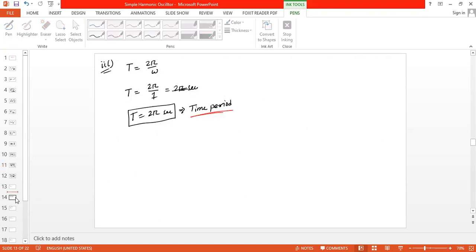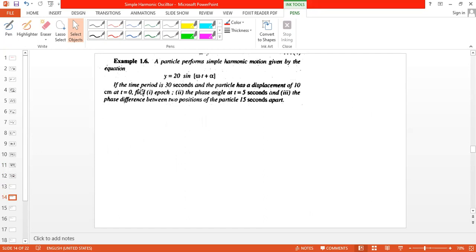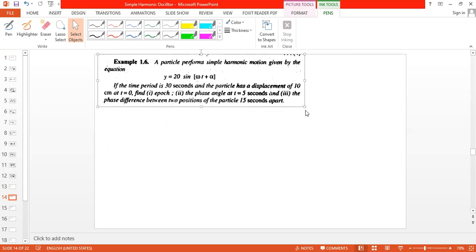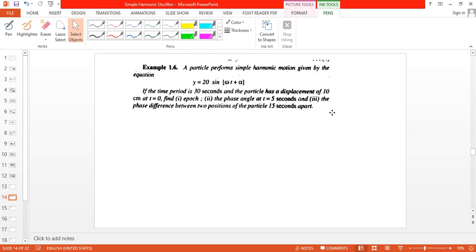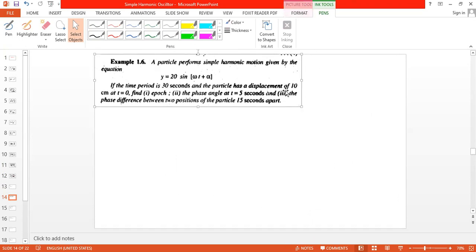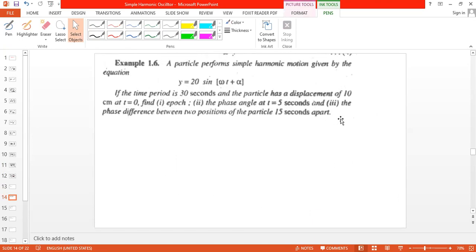Okay. Let's try a new math. In this math, it is saying that a particle performing simple harmonic motion is given by this equation: y equal to 20 sine (omega t plus alpha).